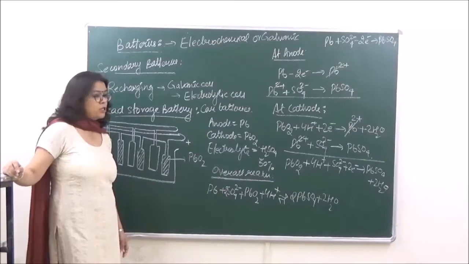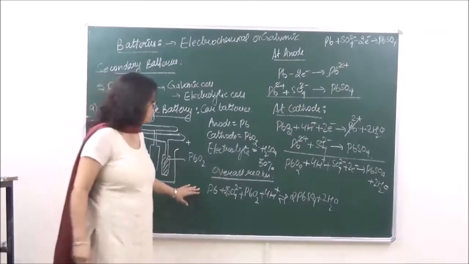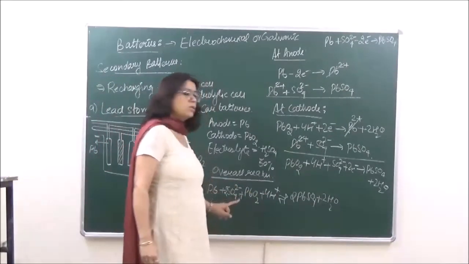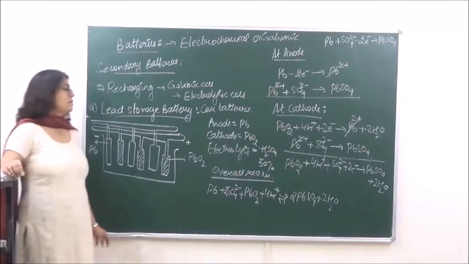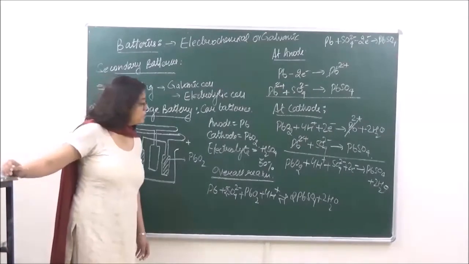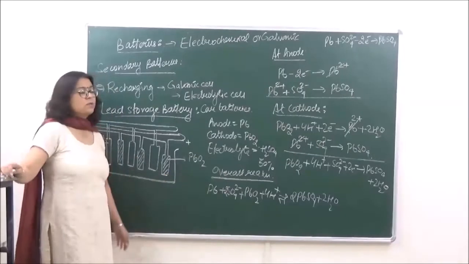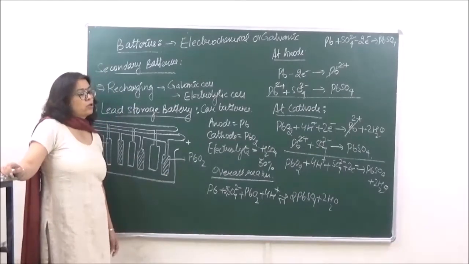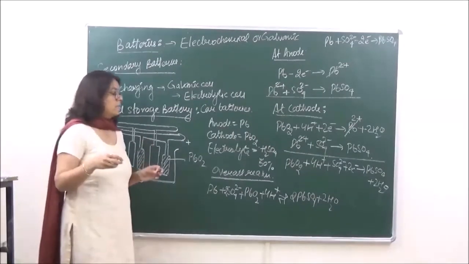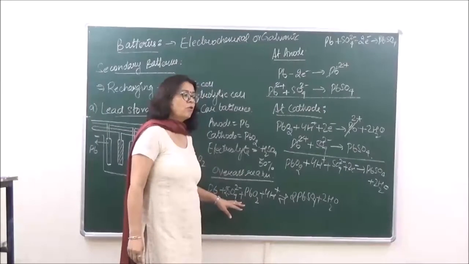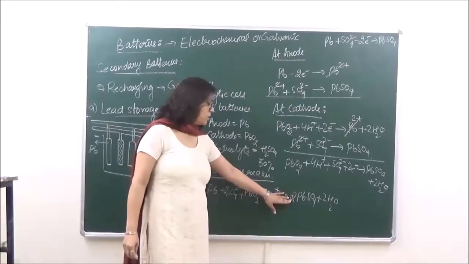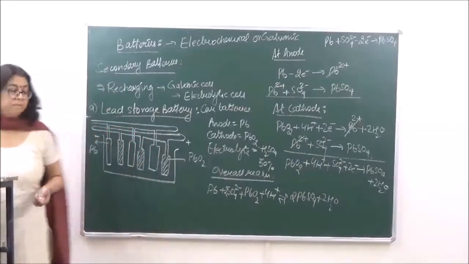Now in this case, how will the cell become non-operational? We can see over here that sulfuric acid is being constantly consumed. So it so happens that the density of sulfuric acid becomes less. When the density of sulfuric acid becomes less, the reaction will stop, and as a result the cell is also going to stop. So for recharging the battery, we are going to give it potential from outside in such a manner that the reverse reaction can be followed.